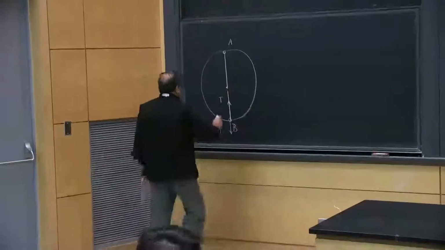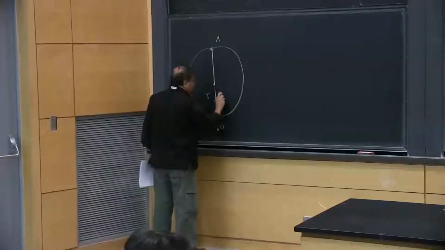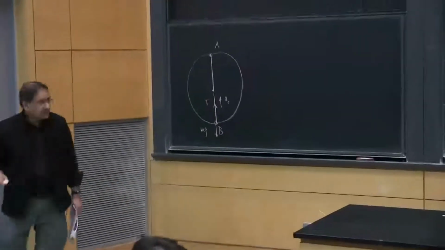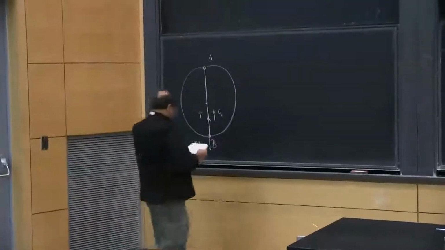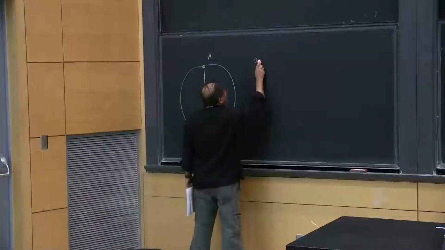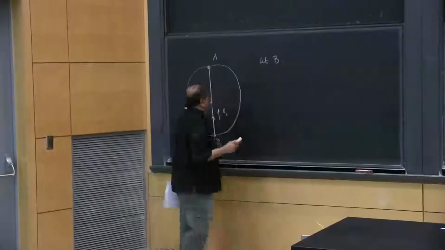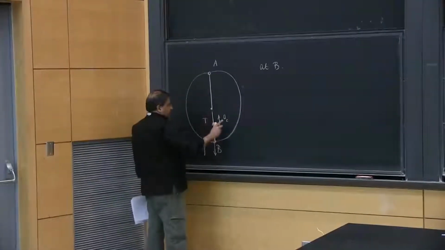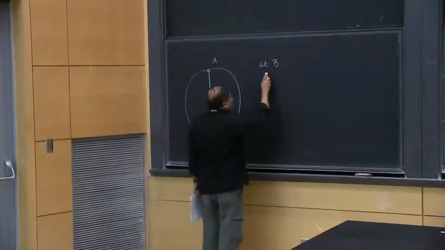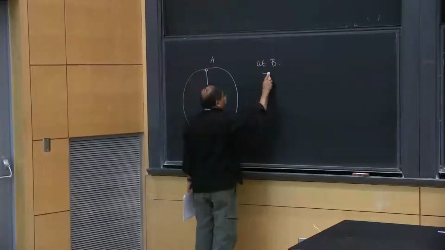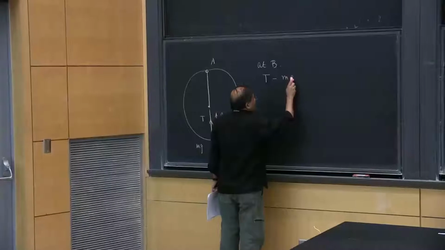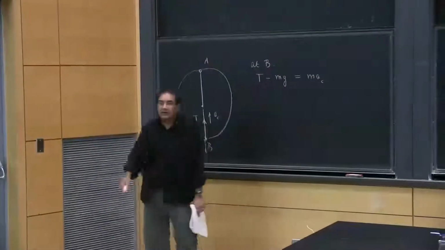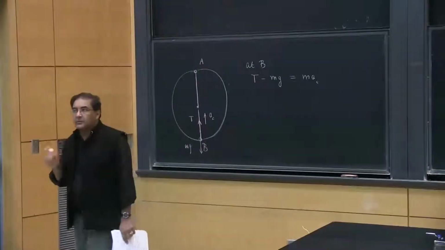In other words, there will be a centripetal acceleration, which we'll call ac. So if I want to set up the force equation at point B, I take the upward force T minus mg as my left-hand side, equal to m ac. That would be the correct way of setting up the force equation for the system.